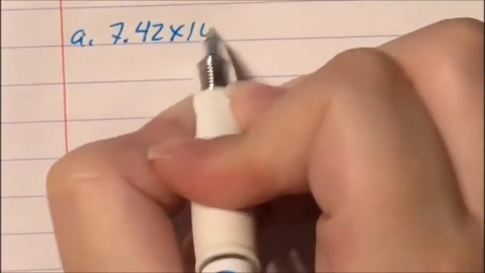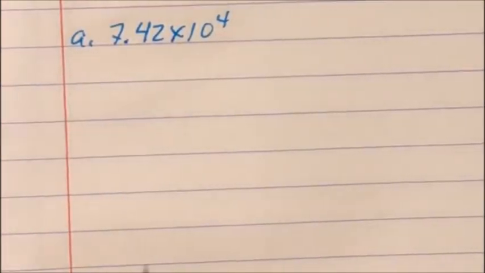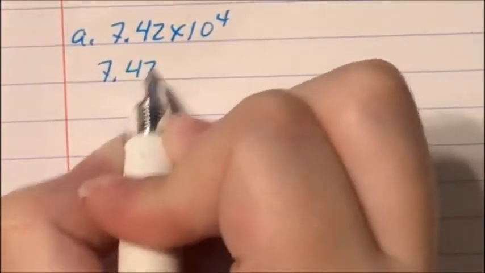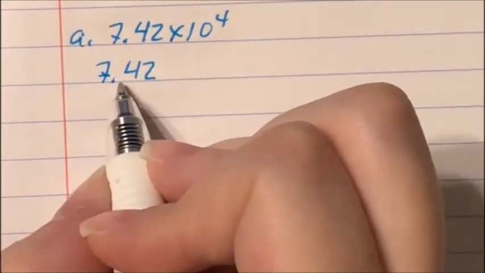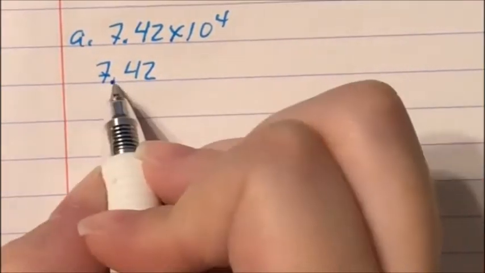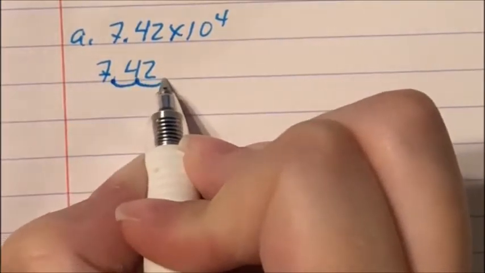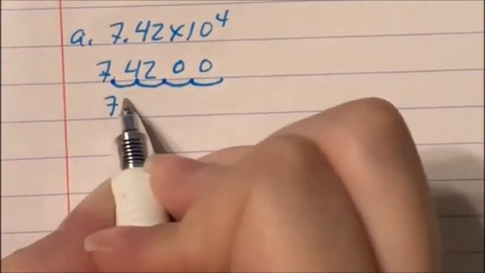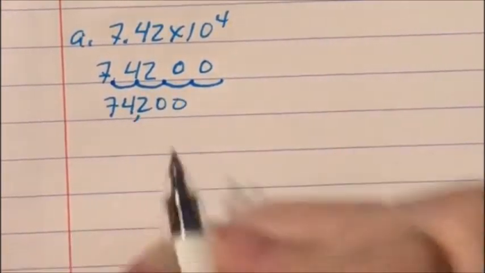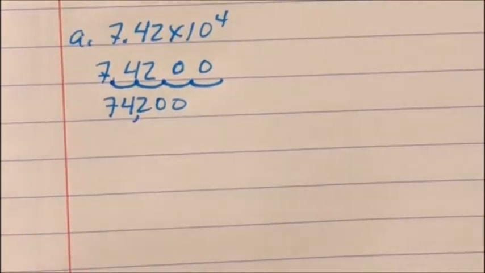So I have 7.42. Okay, I'm moving 4 places. I'm going to the right because it's positive. So 1, 2, 3, 4. Notice I can add zeros in here. So my final answer, 74,200.